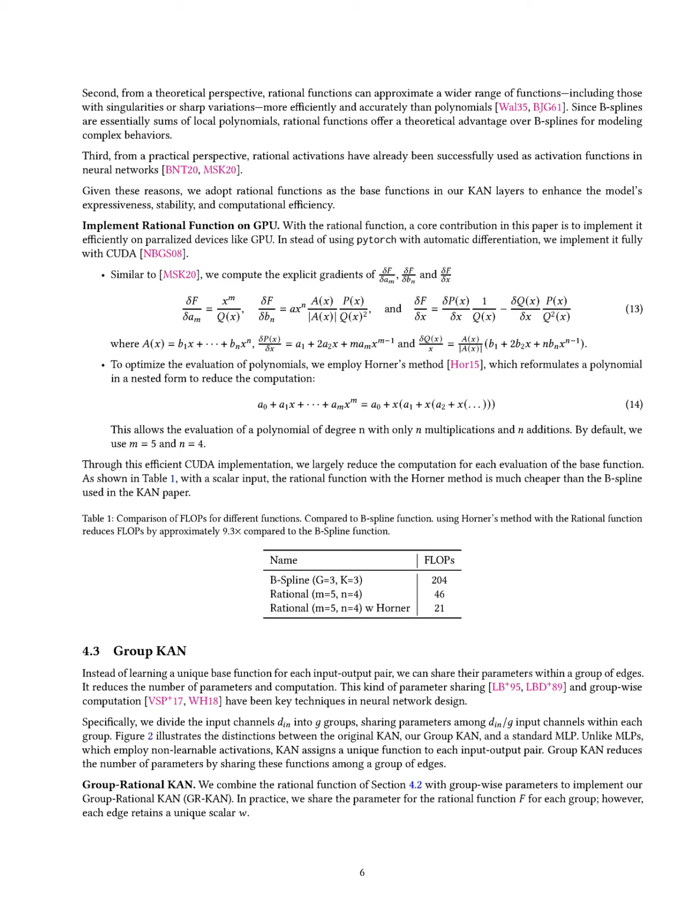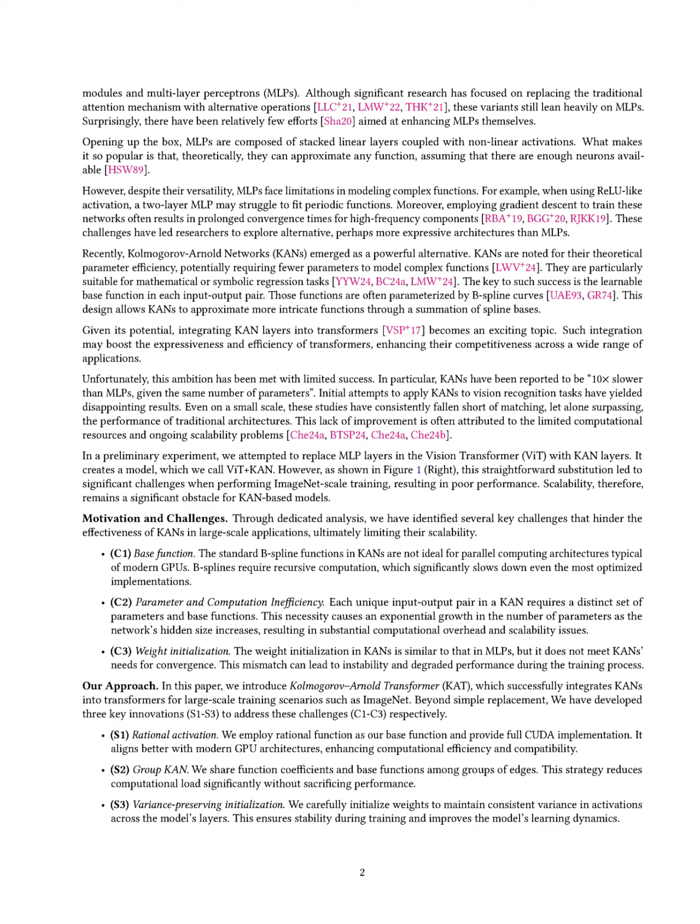Additionally, the implementation of rational functions can be optimized using techniques like Horner's method, which reduces computational complexity during evaluation. Overall, these factors contribute to a more efficient and expressive architecture in CAT compared to traditional KANs utilizing B-splines.